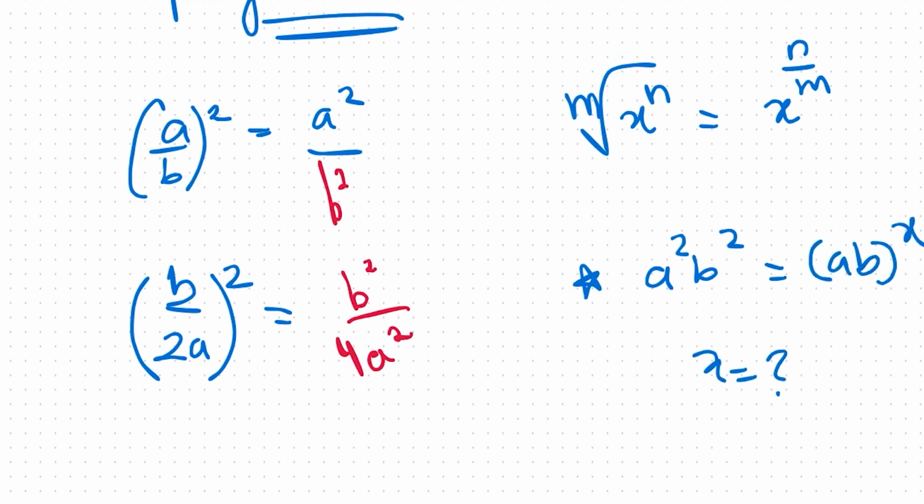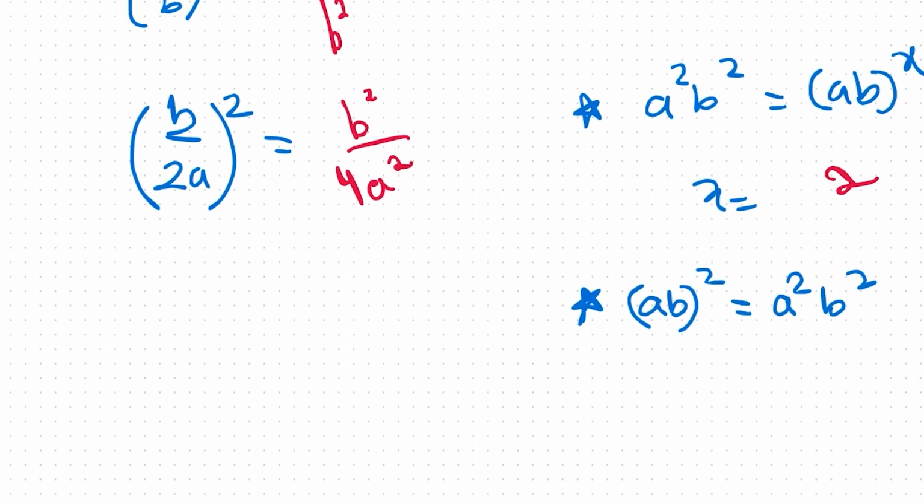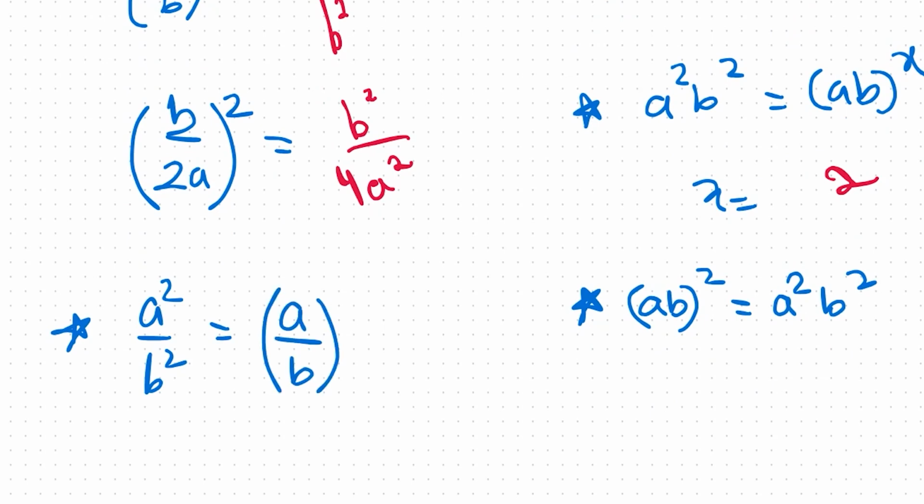What is x? 2, right? Similarly, I write ab whole squared as a squared b squared. So similarly, I can write a squared by b squared as a by b.